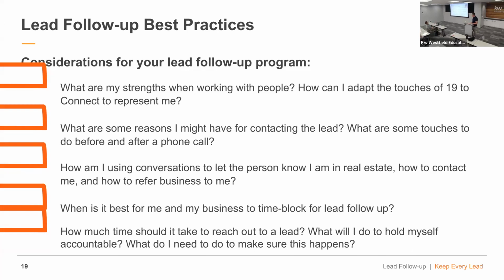What are my strengths when working with people? How can I adapt the 19 touches to connect and represent me?